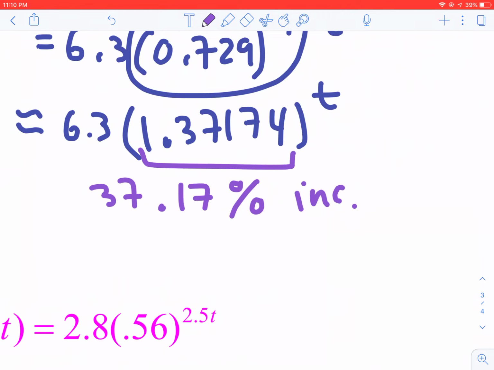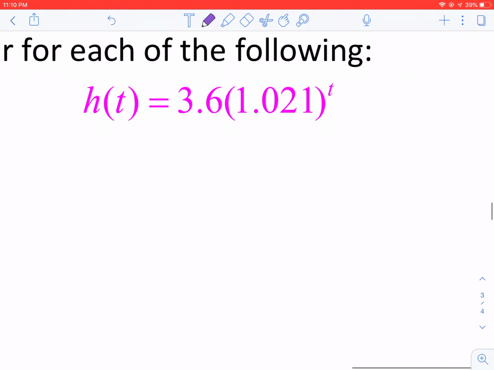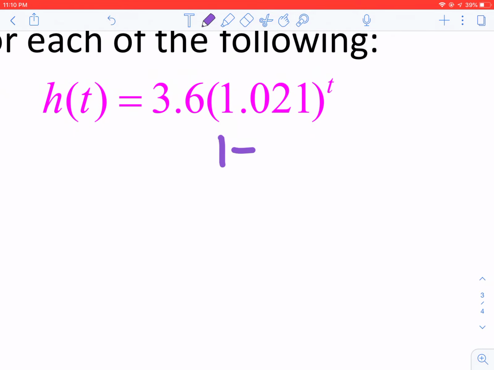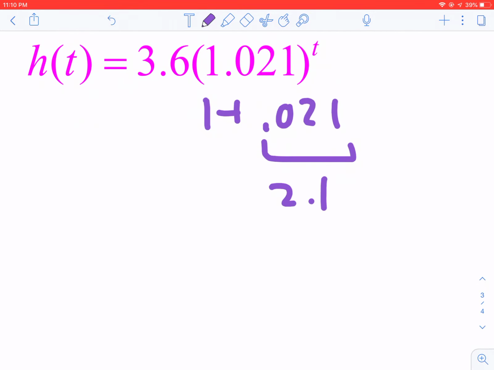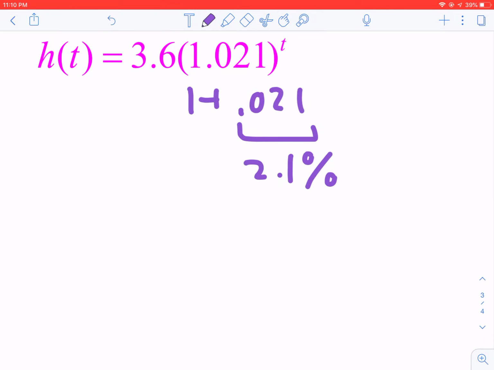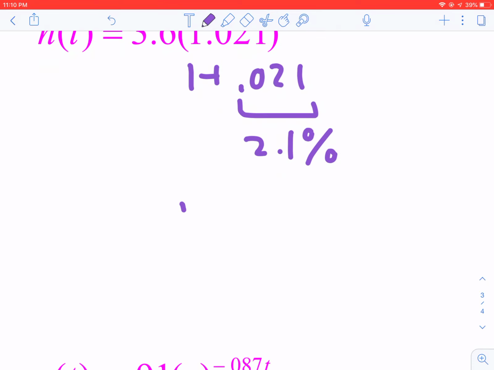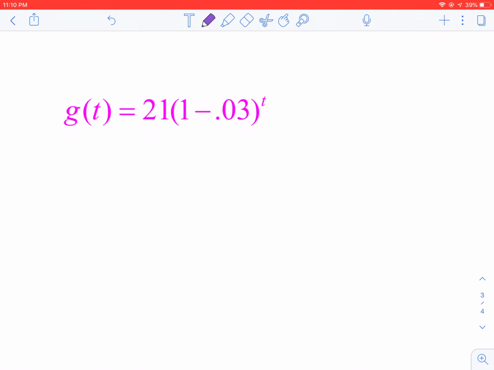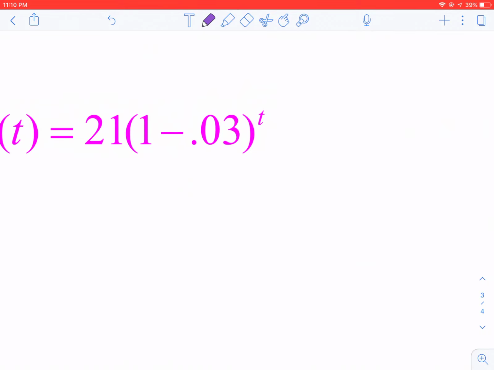All right, this one again, nice and easy: 1.021, that's 1 plus 0.021. This here is 2.1%. That is our percent increase, our rate of growth. Our growth factor is 1.021. All right. The number in the parentheses here is going to be less than 1, so it's a percent decrease.